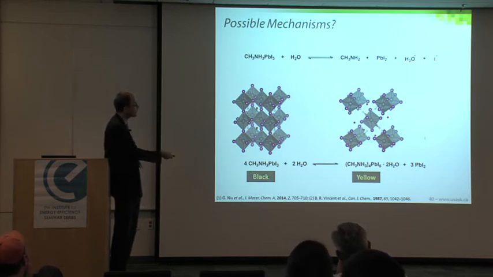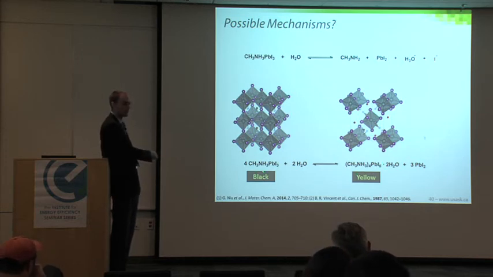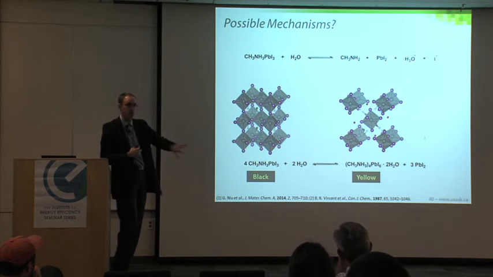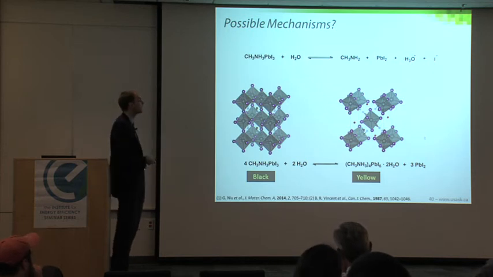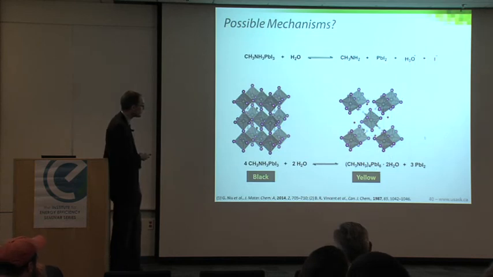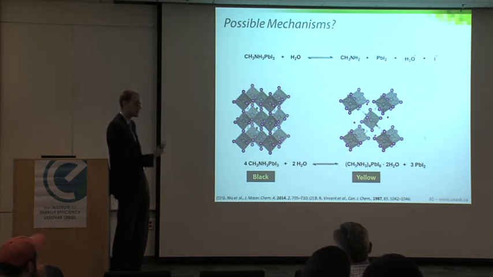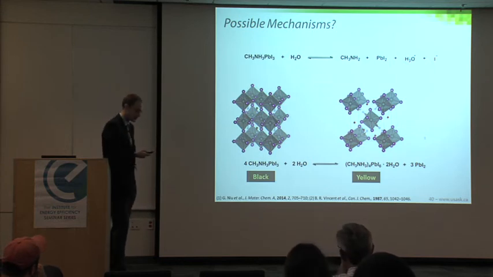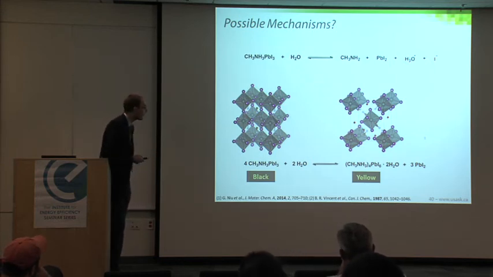And of course, if you dehydrate this, if you heat this sample, you can drive it back to the methylammonium lead iodide as long as your PbI2 hasn't phase separated, so it hasn't crystallized out separately. So this was a nice bit of mechanistic information that we were able to glean out of these in situ diffraction experiments.